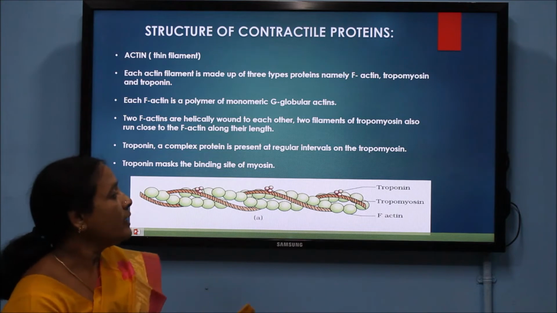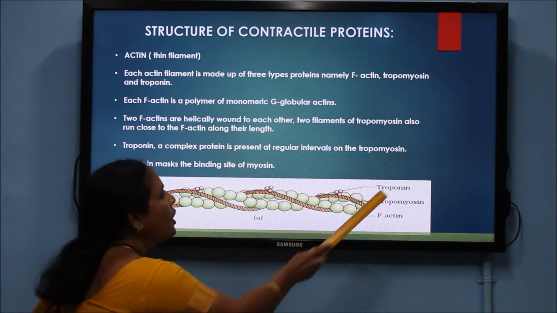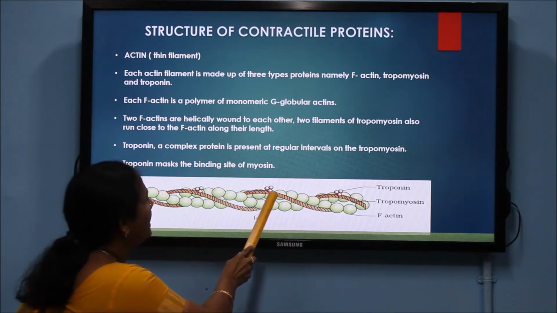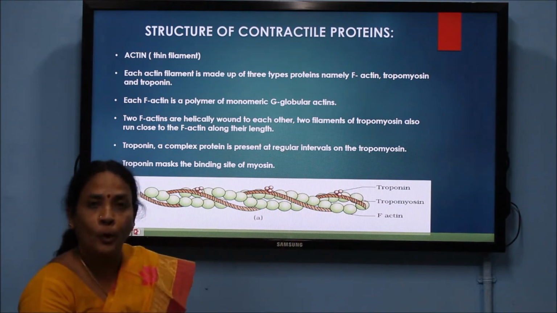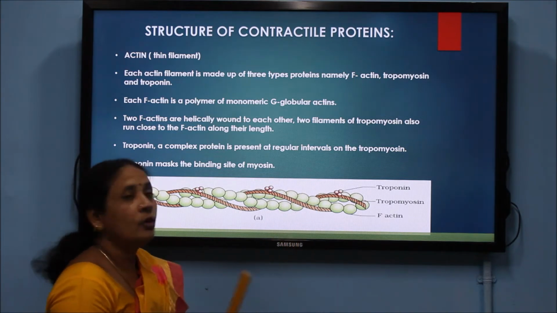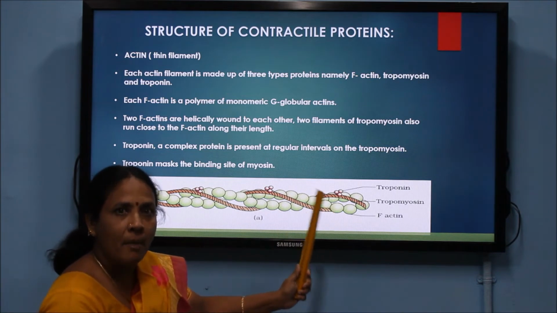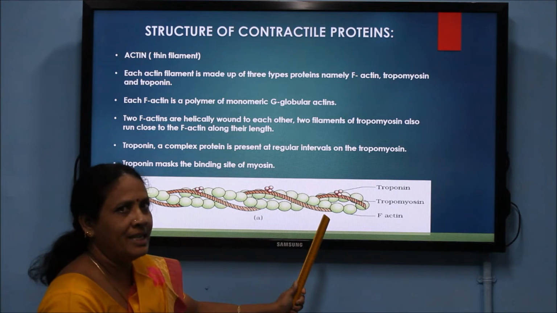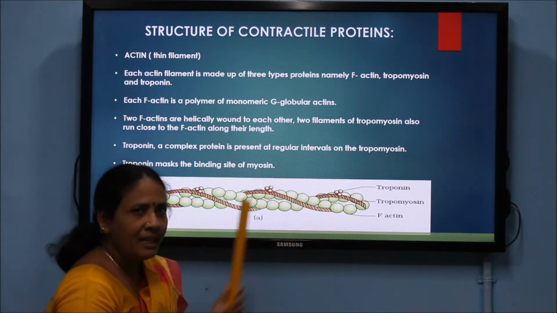Then over the tropomyosin, at regular intervals, we can see the troponin. What is the function of troponin? Troponin hides or masks the active site of the actin filament.